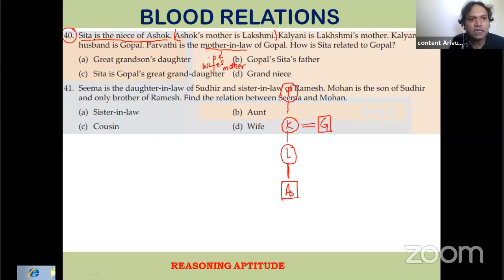Sita is a niece of Ashok. So Ashok has a sibling. We don't know who that sibling is, and that sibling's daughter is Sita. So if you see from Gopal's point of view, 1 generation, 2 generations, 3 generations below.